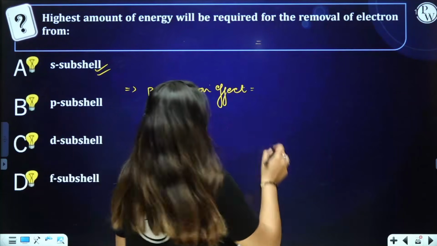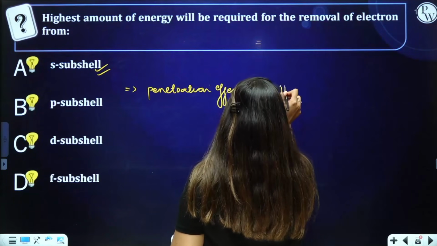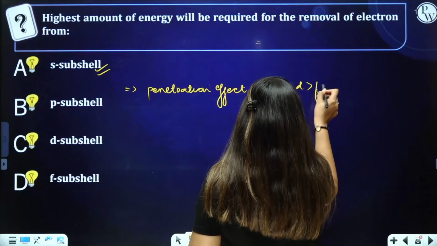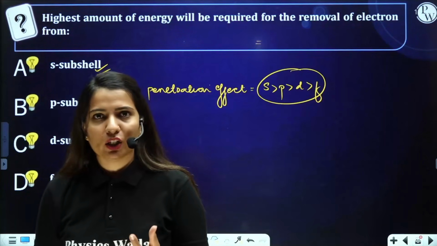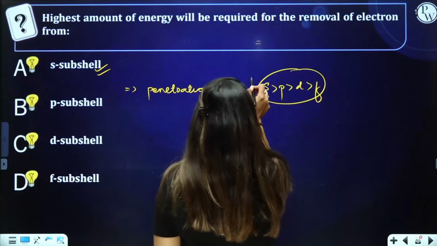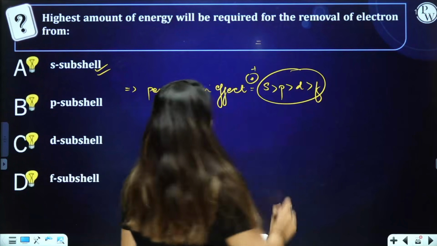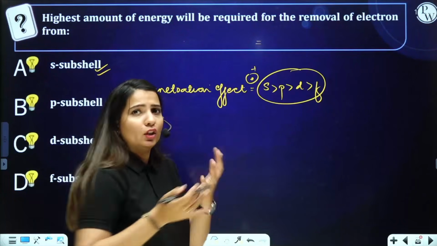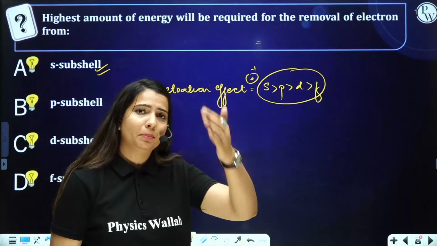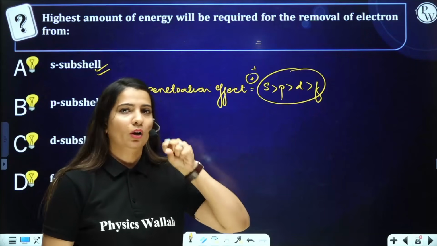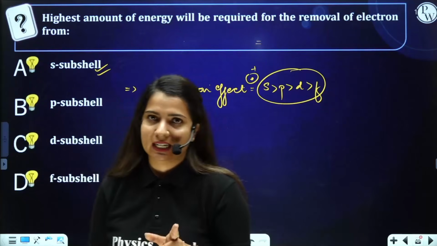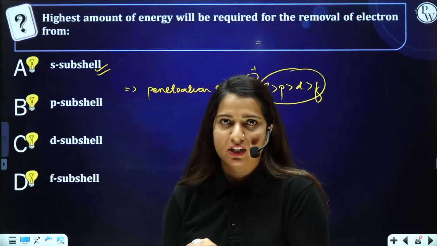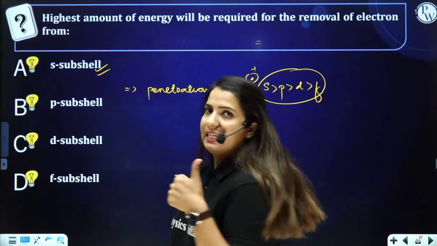What is that effect? The most near to the nucleus is S, then P, then D, and then F. So the removal of electron will be harder from the one nearer to the nucleus. If I write the nucleus over here, the nearest will be S, then P, then D, then F. So S will be more attracted towards the nucleus, so removal of electron will be harder from that respective orbital or subshell. Okay, so the answer is S subshell.